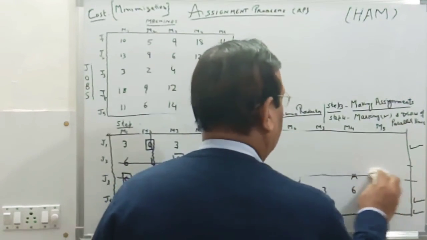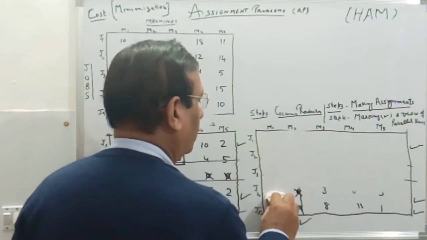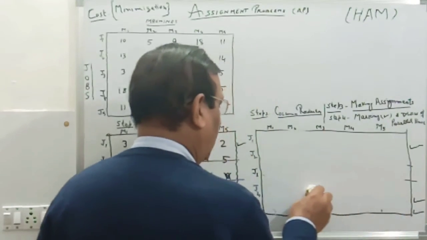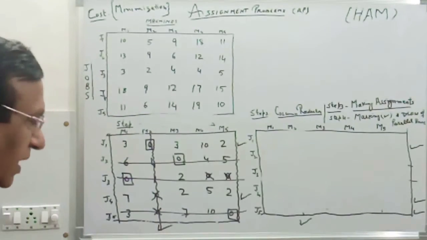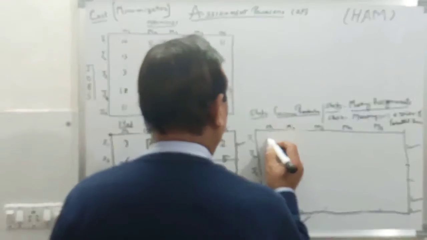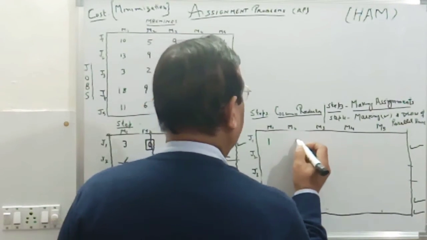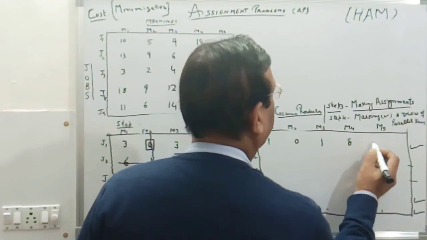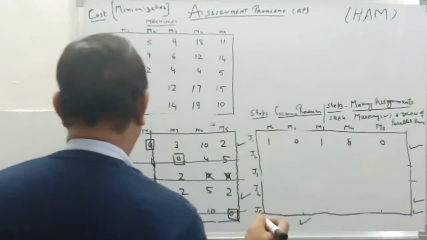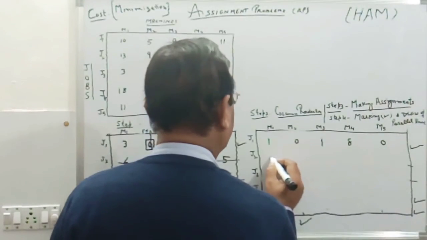From this table we have to keep one thing in mind, that the minimum element is 2 and that is to be subtracted from other elements. 3 minus 2, 1, 0, 1, 8, 0. Here is 6.